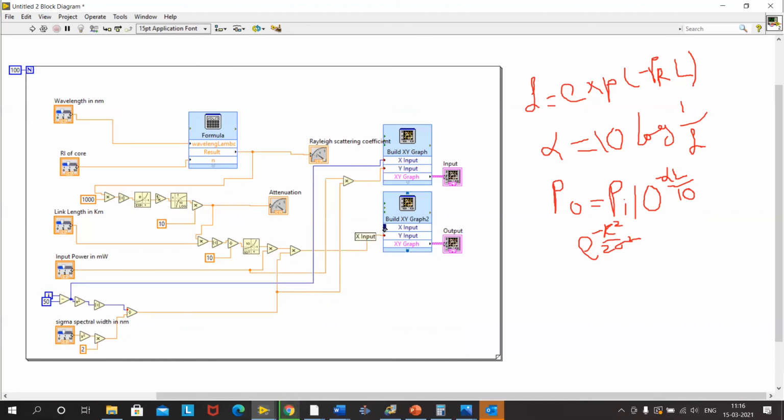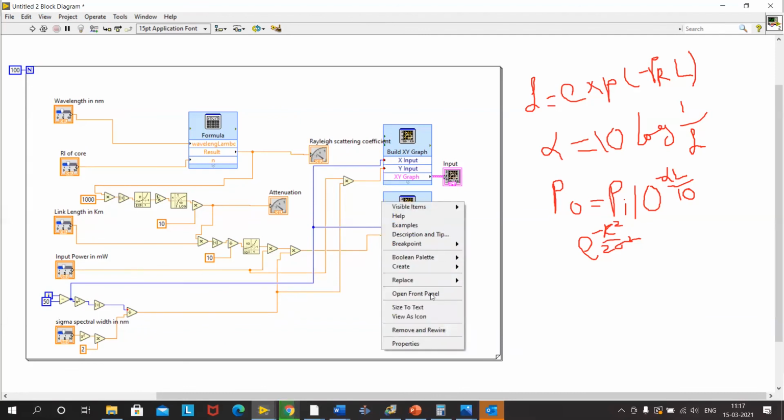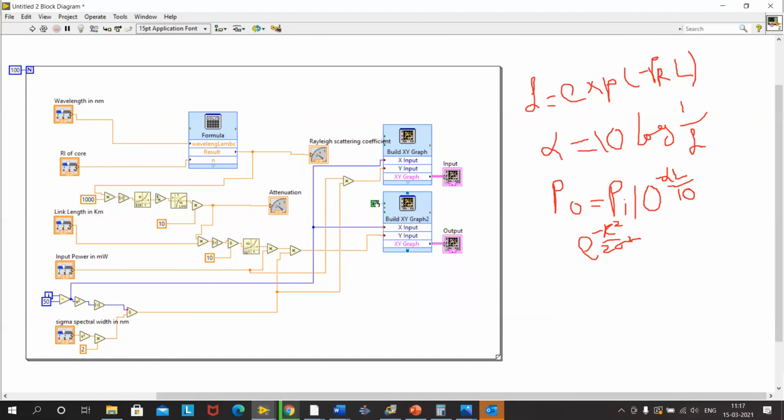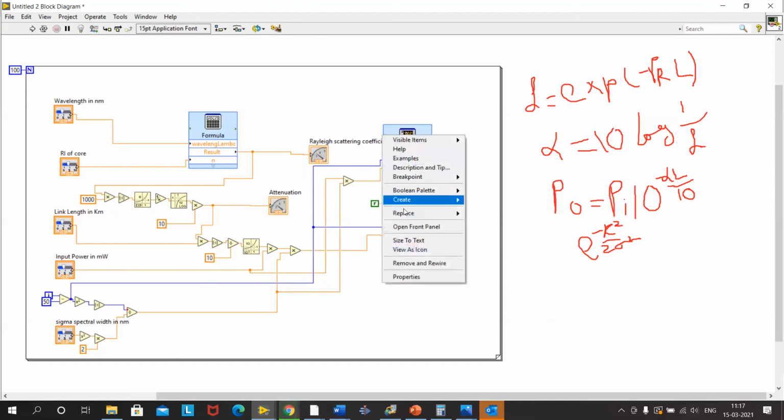And here also the x is to be multiplied. Now we have to reach the reset button. We need to create a constant and make it false so that it does not continuously reset, for both the devices.